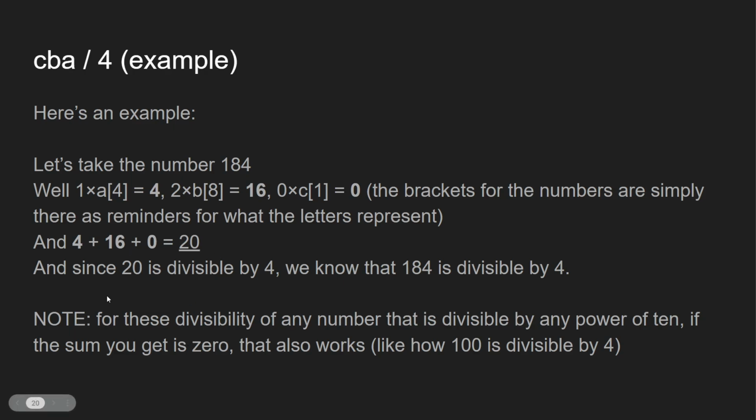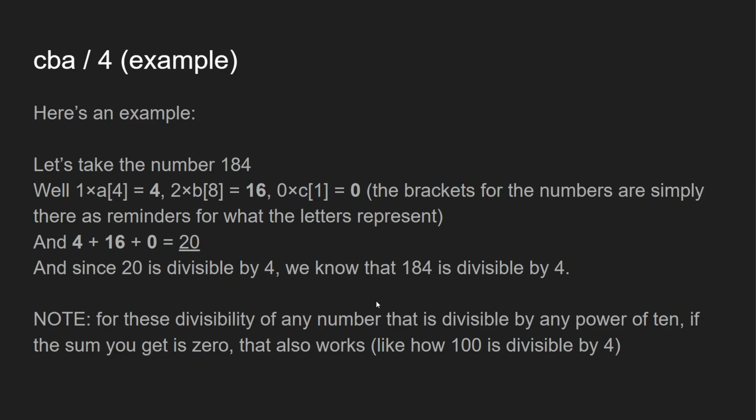So, another note, very important, for these divisibilities, for any number that is divisible by any power of 10, if the sum you get is 0, that also works. This isn't going to be the case later on. I want to clarify that. For these numbers that are divisible by a power of 10, if you got the sum together and it equals 0, that means it's also divisible by 4, or divisible by whatever you're showing.